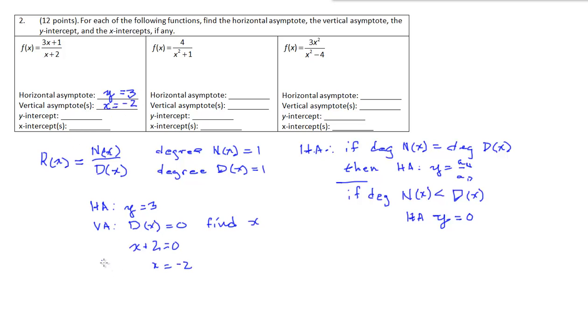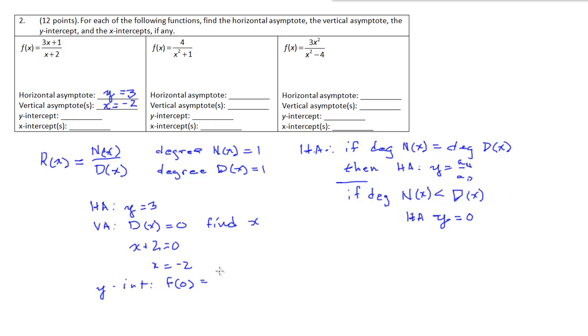To find the y-intercept, the y-intercept is the value when x is 0, so we just plug in 0 for x, or in this case we'll just say, what's f of 0?